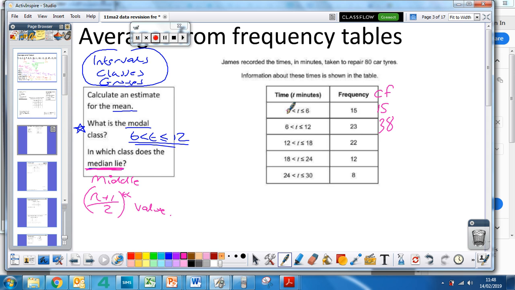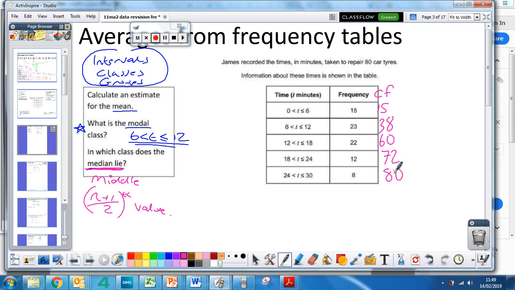All the way from 0 to 18, you have another 22 on top of that, 60. All the way from 0 through to 24, you include this 12 as well, this is 72. And all the way from 0 through to 30, including this 8 here, gives you 80. And that's your cumulative frequency. We'll see this in our next lesson when we look at cumulative frequency graphs.